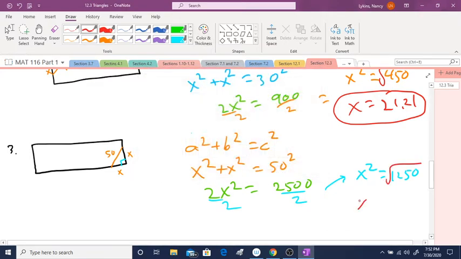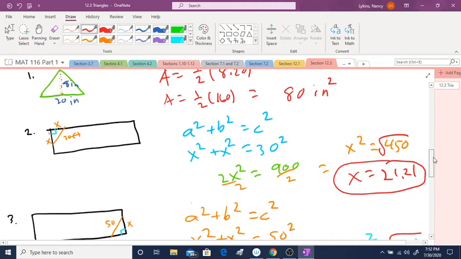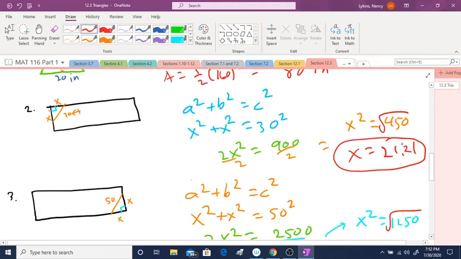Take the square root. And x equals 35.36. Now, I could also ask you, what is the area of the triangle for both of these?